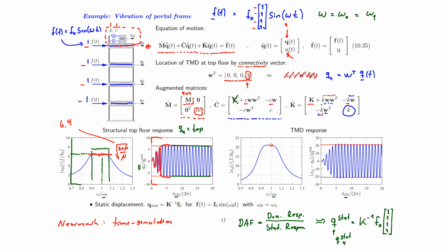And I divide my dynamic response by that. And then you see I actually get exactly my 6.4 dynamic amplification value, as indicated by this red line here in my curve. So you should always think of a point in a frequency response curve as a corresponding amplitude value during steady state. Let's see if it also works for the TMD response.